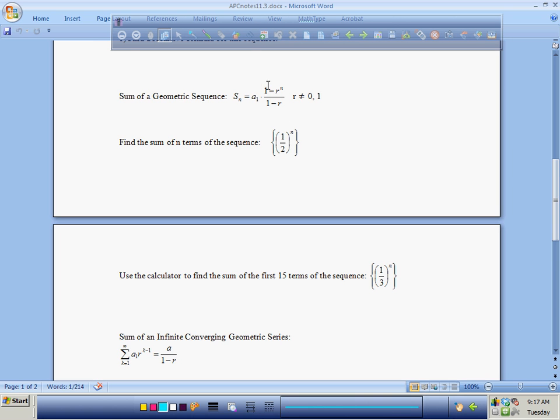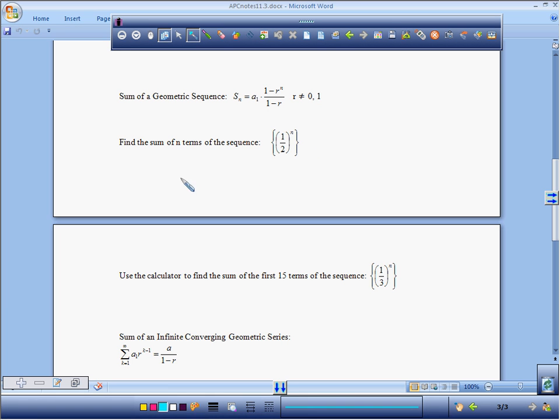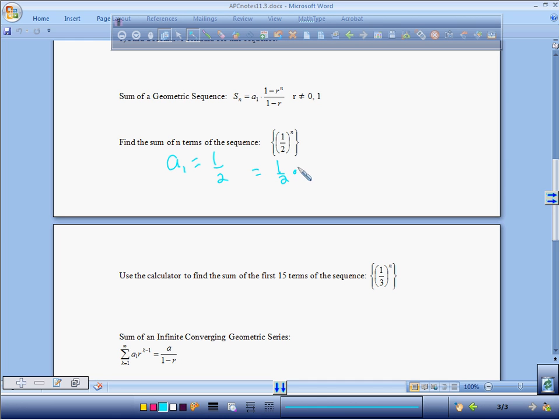Find the sum of the first n terms. So what I want to do is find the first term. What would a sub 1 be in this case? If I plug in 1 in here, what do I get? 1/2. So this would just be 1/2 times 1 minus the ratio, which is what?